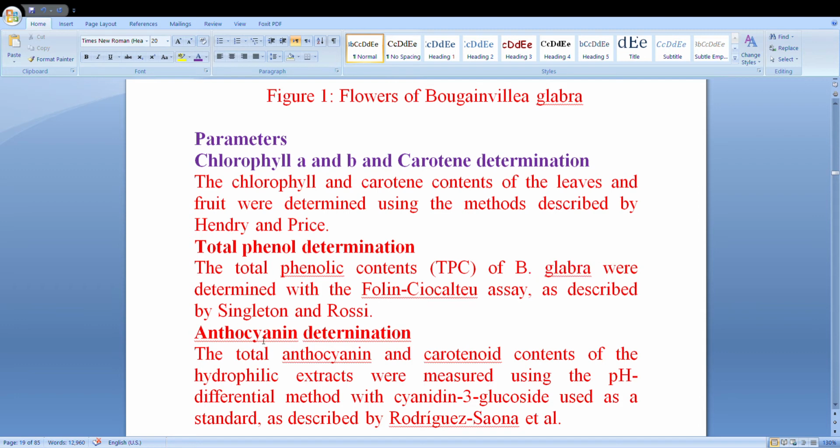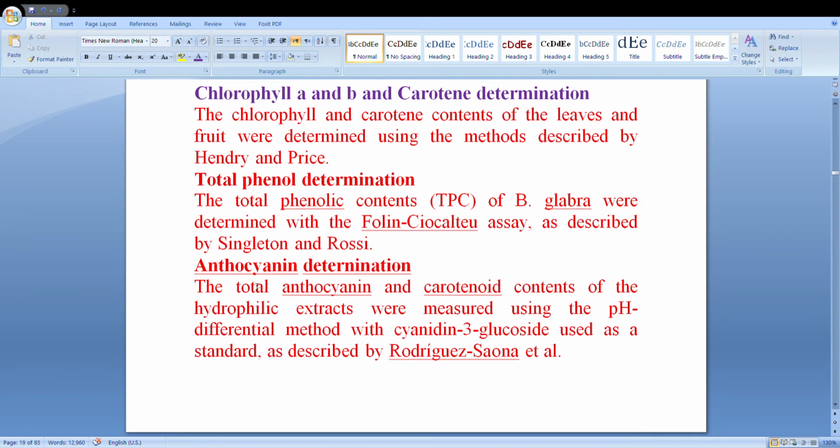I described Singleton and Rossi, and anthocyanin content determination. Total anthocyanin and carotenoid contents of the hydrophilic extractions were determined using the pH differentiation method, with cyanidin-3-glucoside used as a standard.